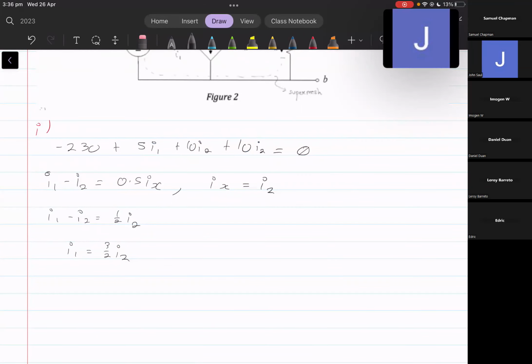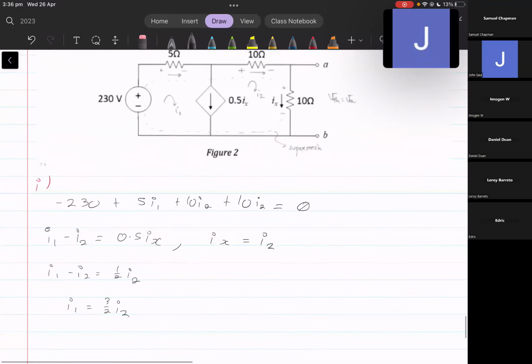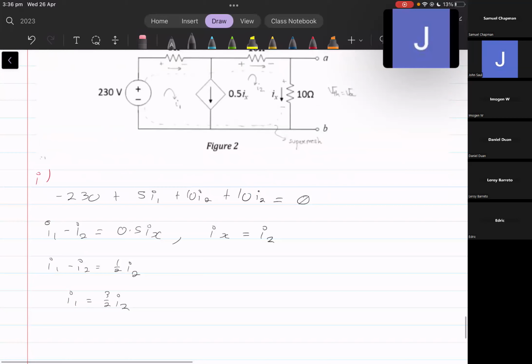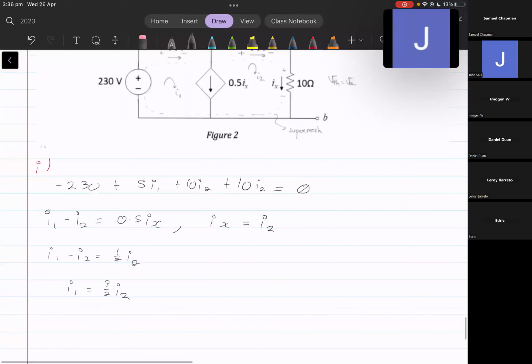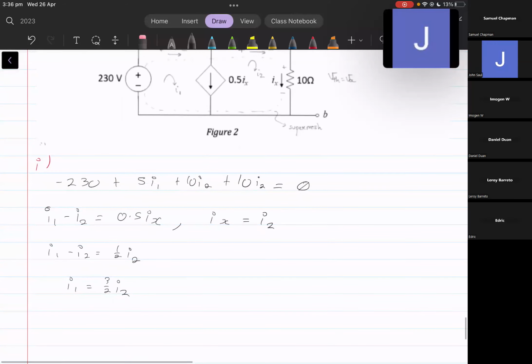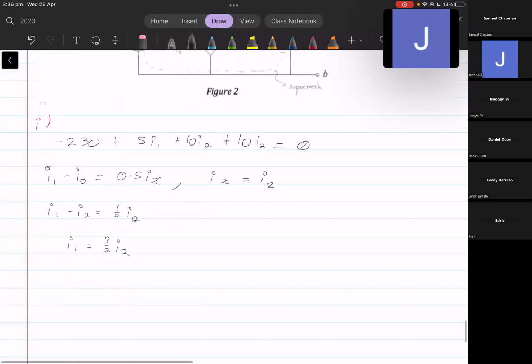So then we're just going to plug that back into the first equation. And we'd want to find I2 first, because that's what's going to tell us the voltage across the 10 ohm resistor. So we'll try and get it all in terms of I2. So we have 230 is equal to 5/3 on 2 I2 plus 20 I2.